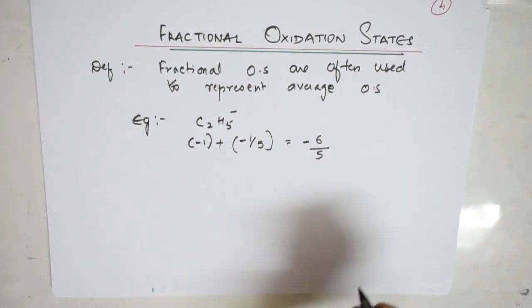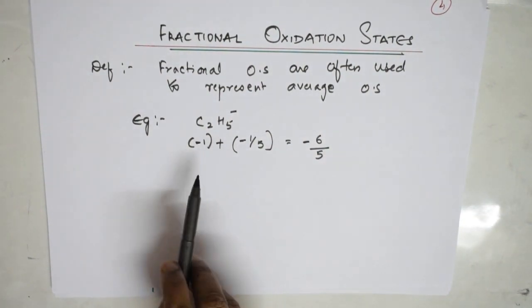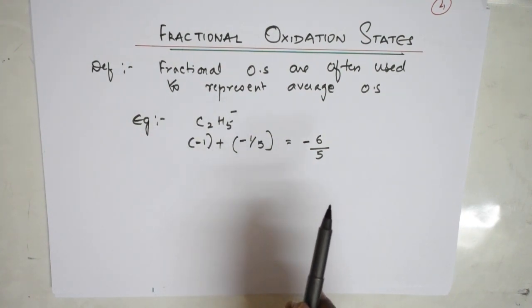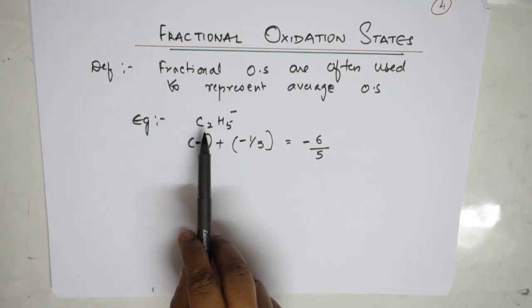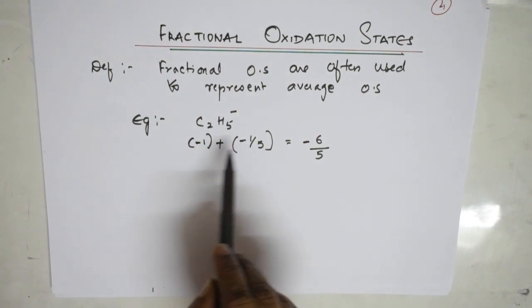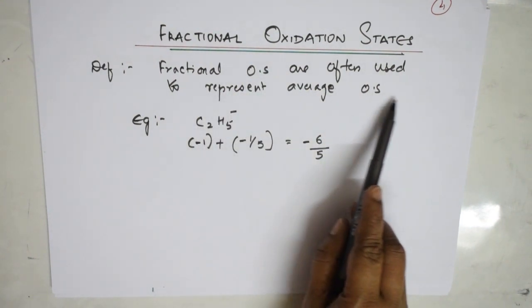Which is equal to -6/5. So what you should understand here, important thing is, whenever an atom is attached to a less electronegative atom, the valency of the particular atom is represented like this. Now the total ionic charge, I told you, it is an average oxidation state.